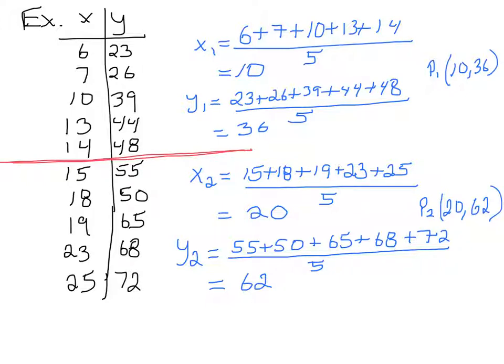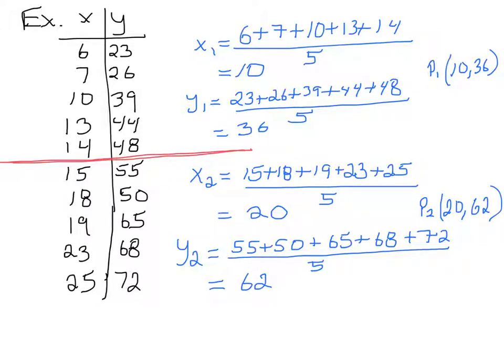Alright, so that is step number 3 completed. We've ordered them from low to high, we've split them into two groups. Now we found the average of all of the x's in the first group was 10. Average of all of the y's in the first group was 36. Average of the x's in the second group was 20. Average of the y's in the second group was 62.